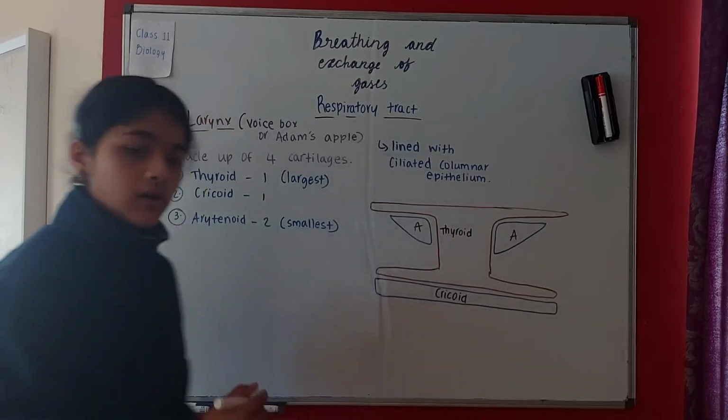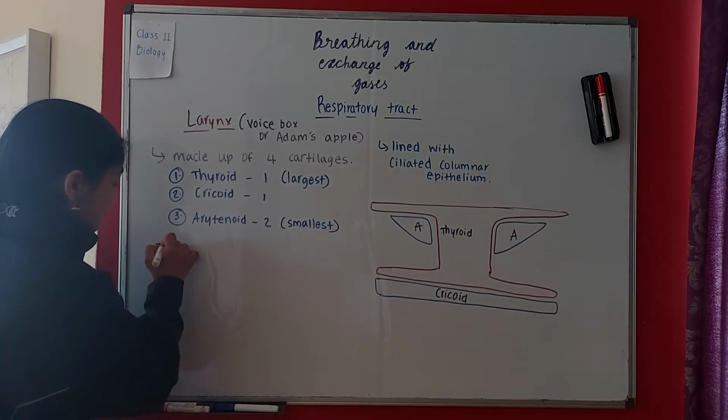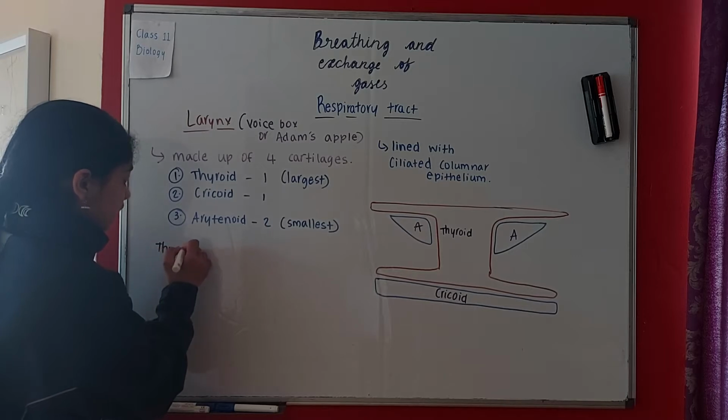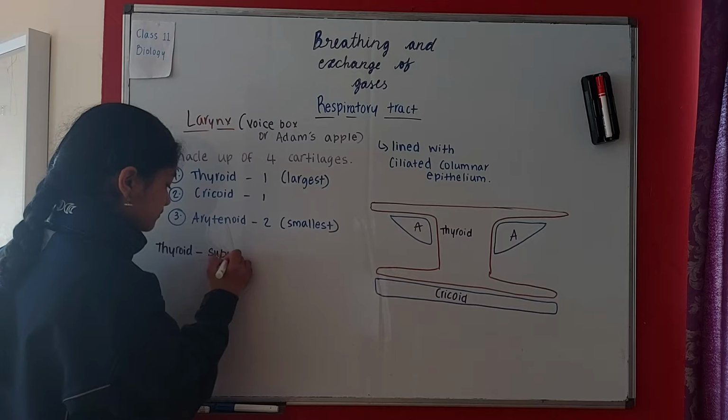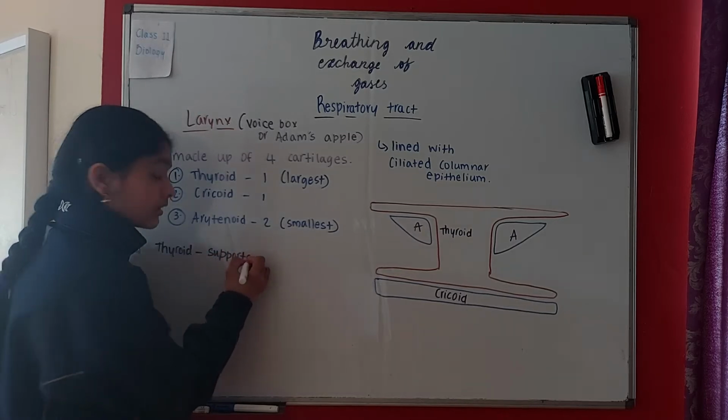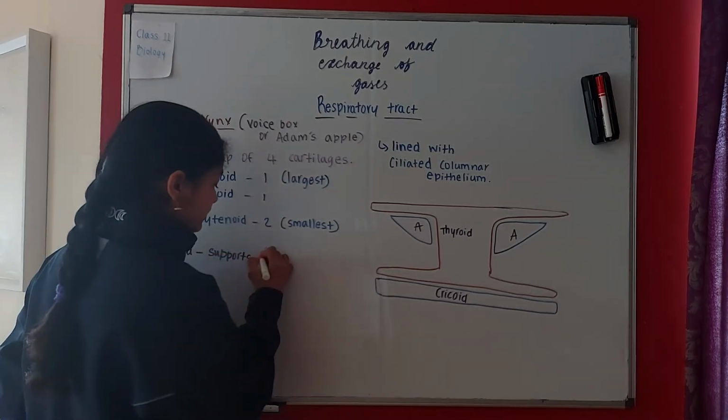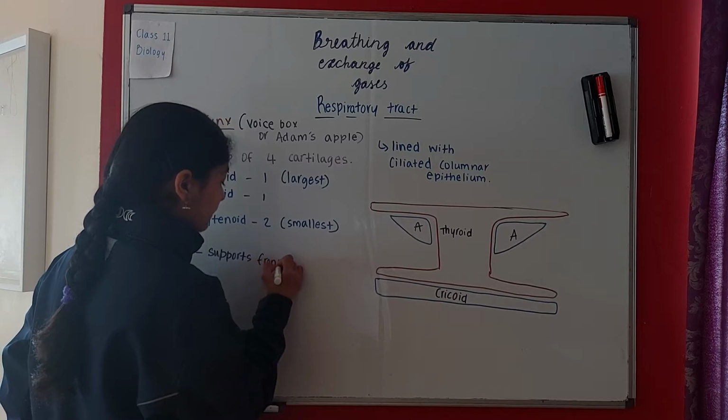thyroid cartilage. So if you have to write, the thyroid cartilage supports the front part of the larynx.